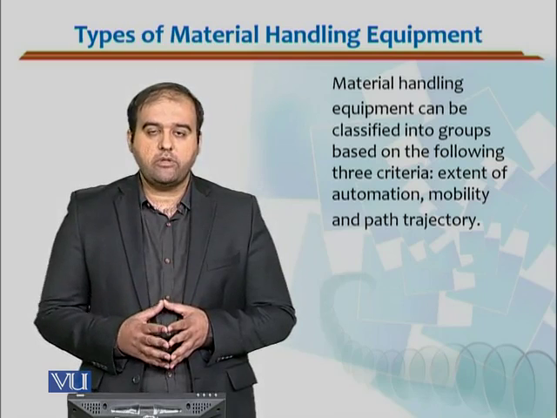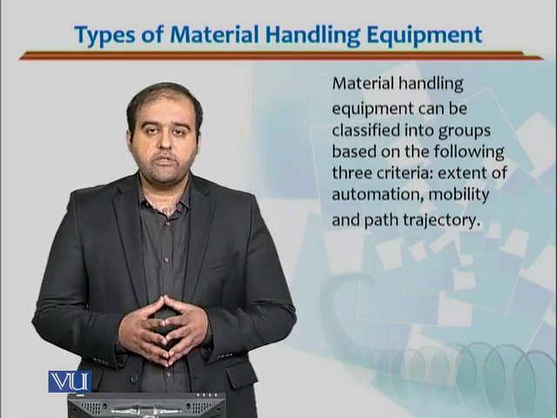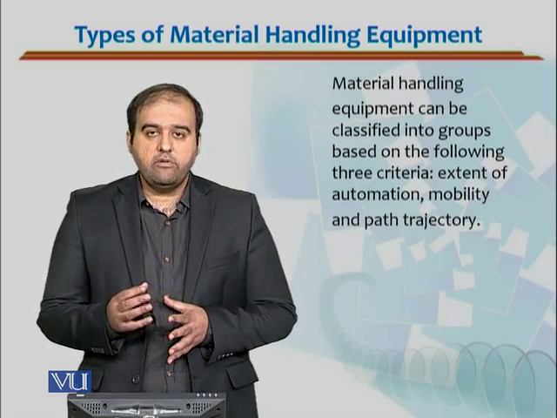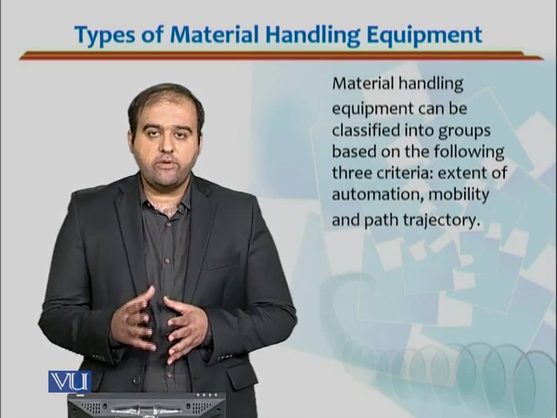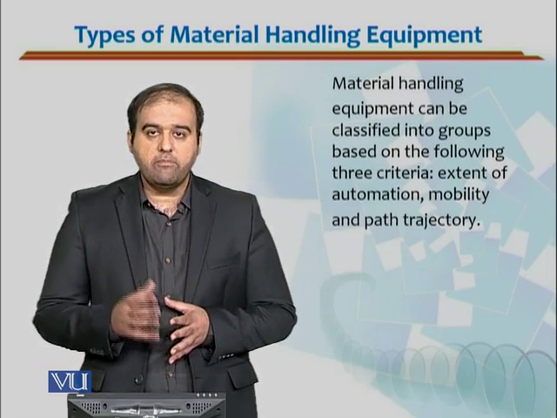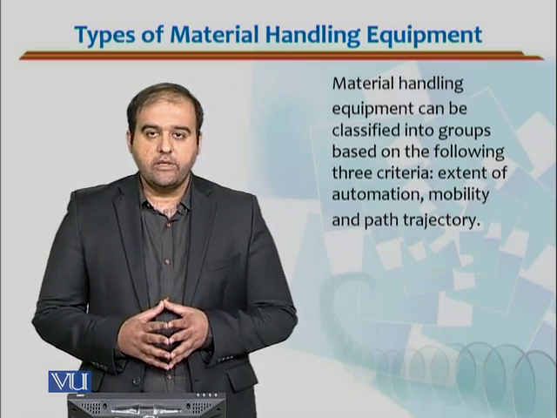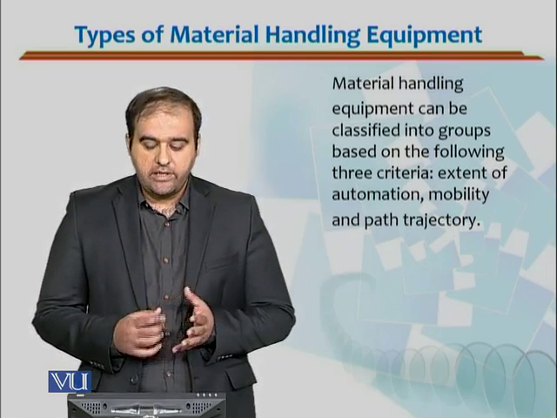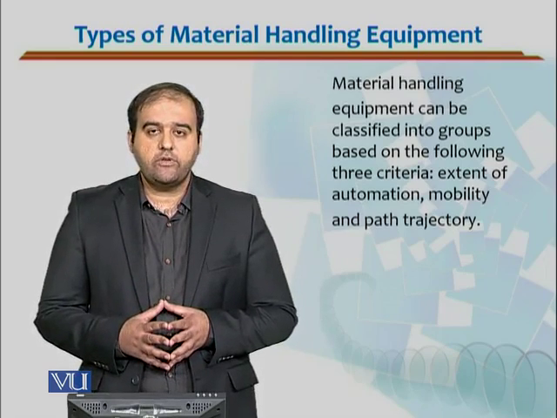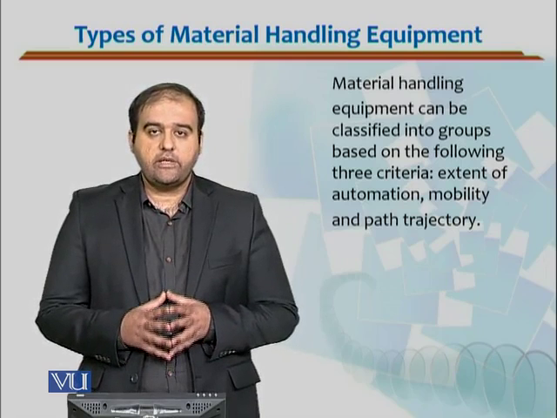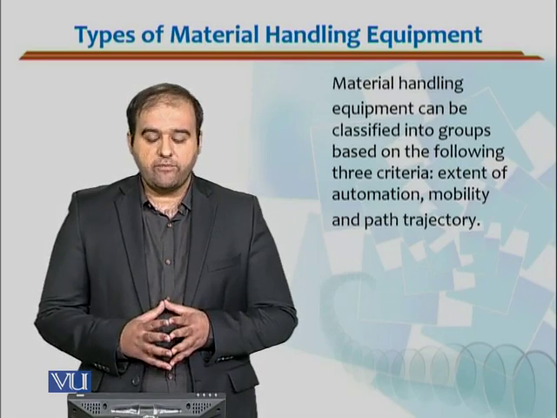That is also an important aspect, because belt conveyors, slat conveyors, or roller conveyors require some specific trajectory in their path. You cannot move them freely in your facility. So these three factors, the level of automation, the mobility, and the path trajectory, determine what type of equipment you will require in your specific facility.